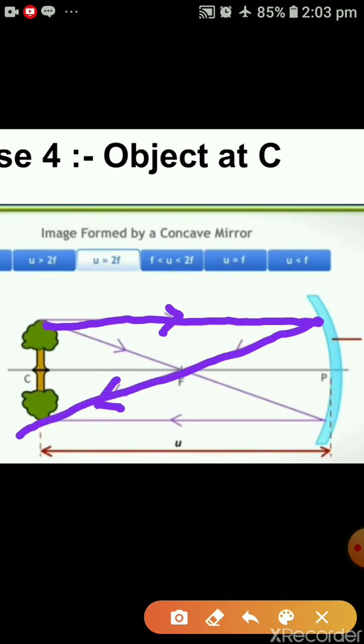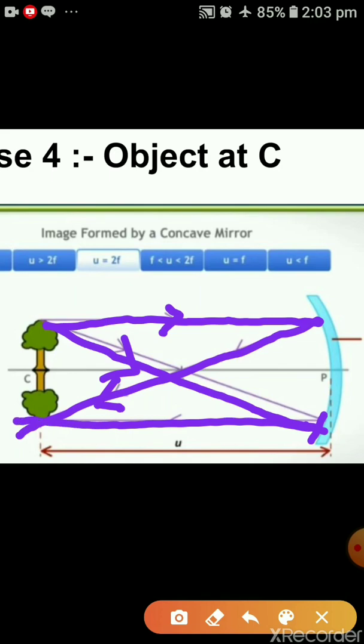The second ray, because the object is kept itself at C, we are not showing from C. Here we are taking our second rule, where the ray is moving through the focus. It is passing through the focus, and as it strikes the surface, it becomes parallel to the principal axis.